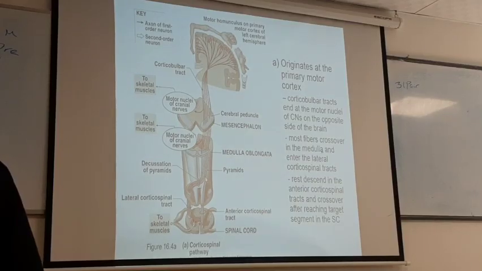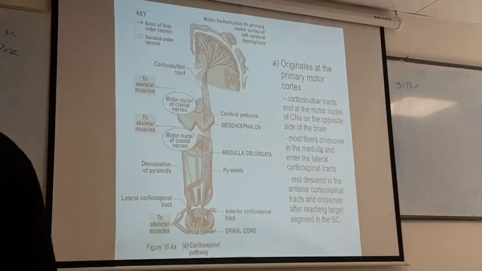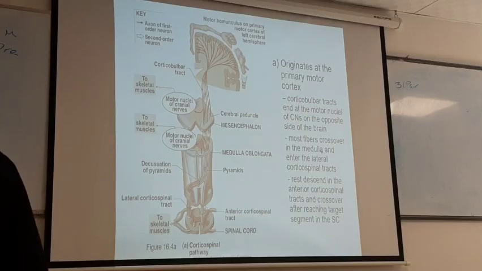This is named lateral corticospinal. This is for movement. Some of the fibers form the anterior corticospinal, which does not decussate. These are for skeletal muscles.